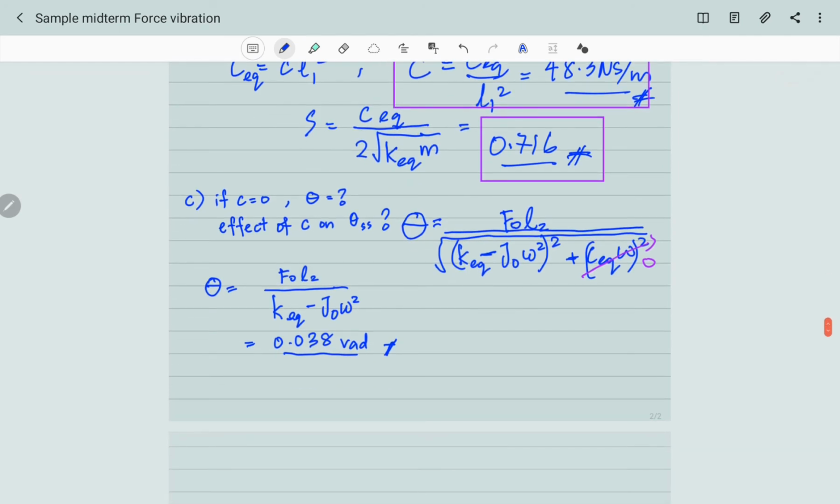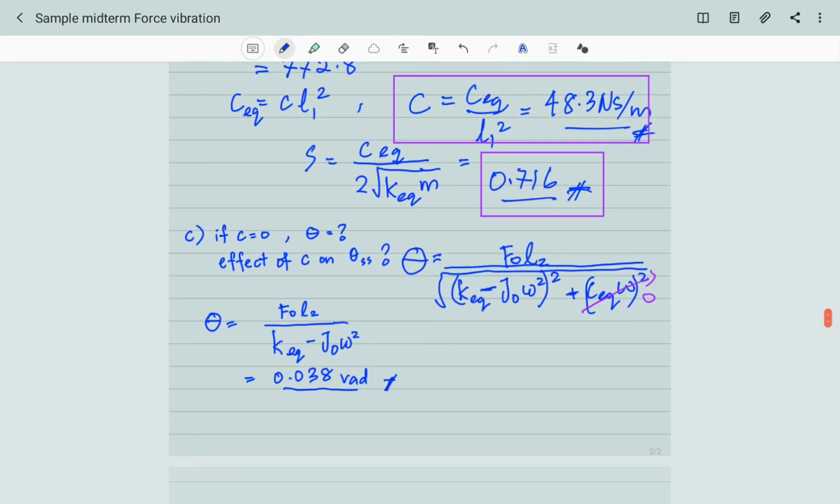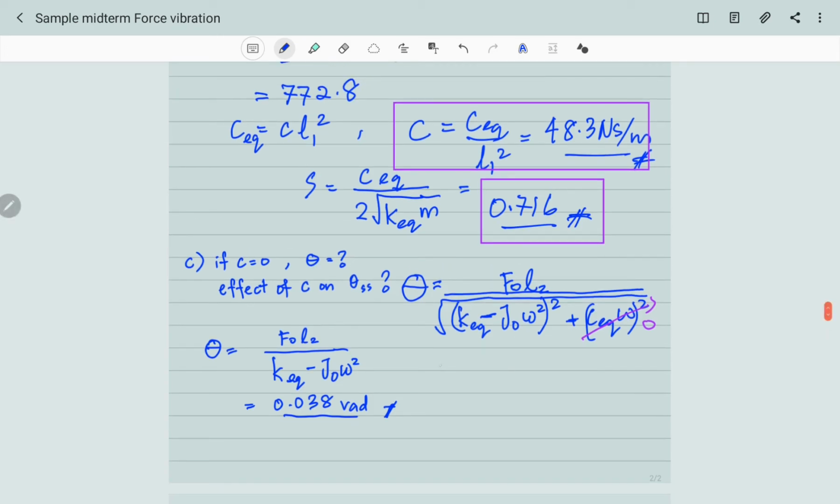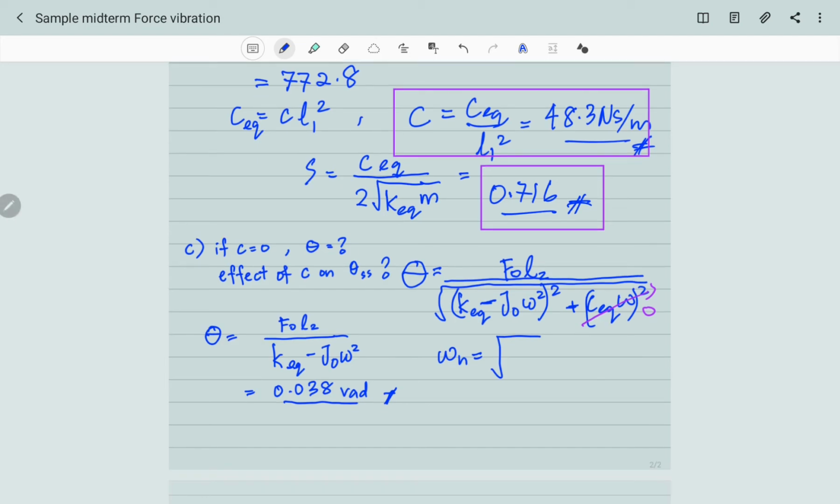And they want you to check the omega n as well, so that we can see whether it's near resonance or not. You can recalculate your omega n. If you calculate it with the values substituted, you get 41,000, the K equivalent over J naught from just now.